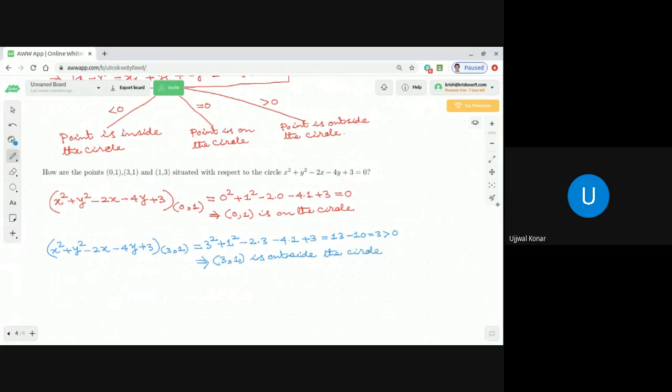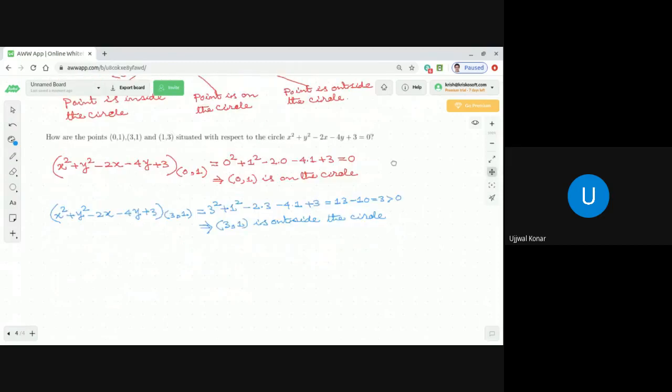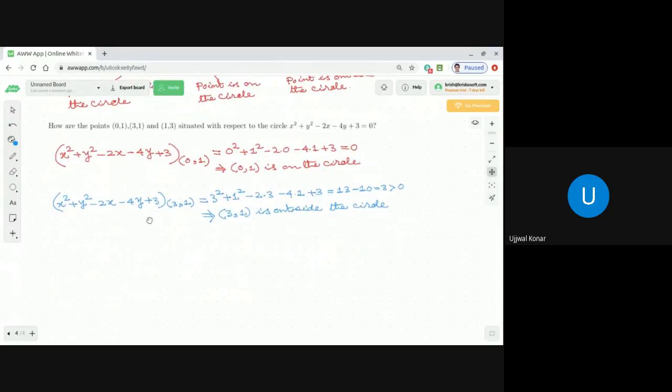Correct, dear students? Now the last point is (1, 3). Let me use a different color. Here also we have x square plus y square minus 2x minus 4y plus 3, and we find its value when x is equal to 1 and y is equal to 3.